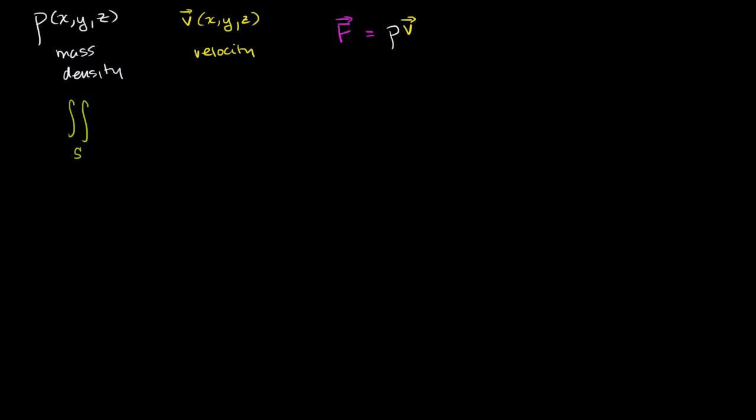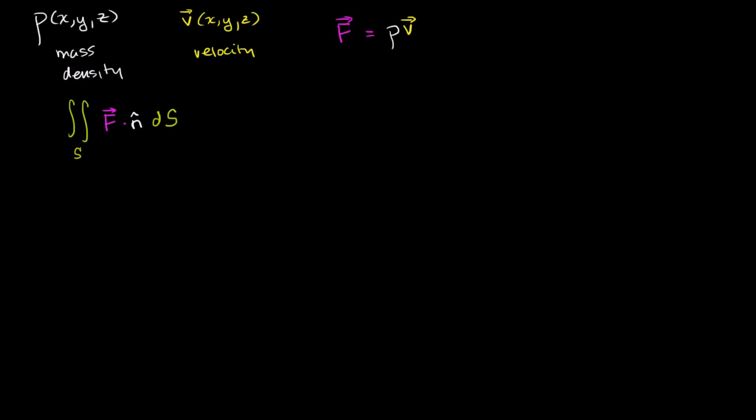So we're going to evaluate over some surface. We're going to evaluate f dot n, where n is the unit normal vector at each point on that surface, dS, d capital S, d surface.